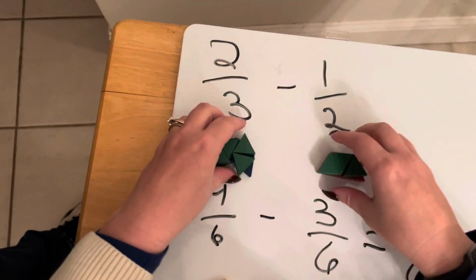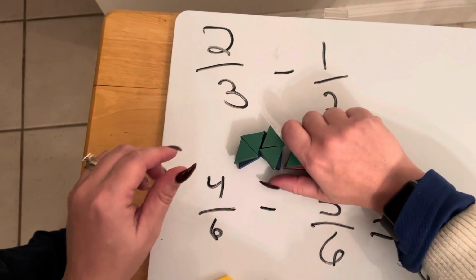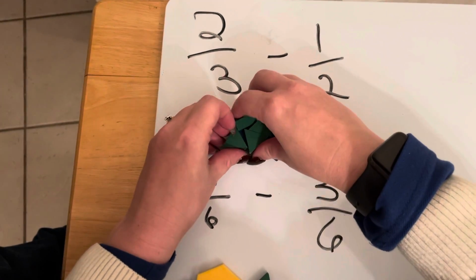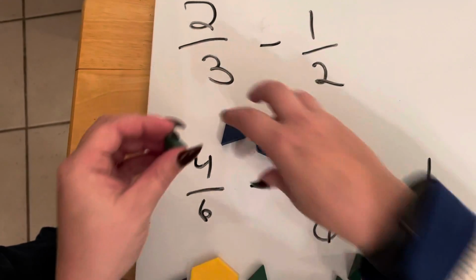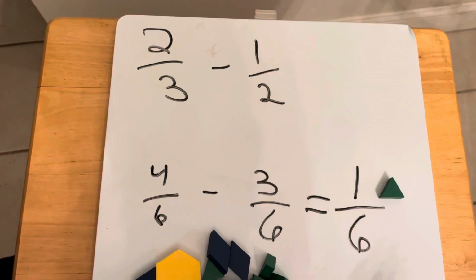So you take the 4/6 and you minus 3/6, and you get 1/6.